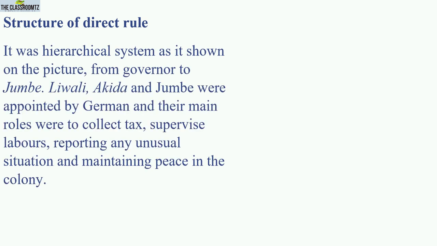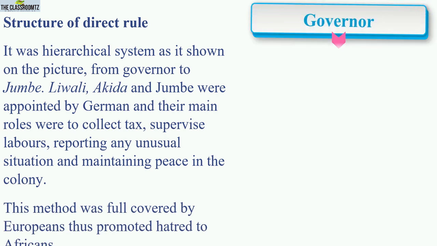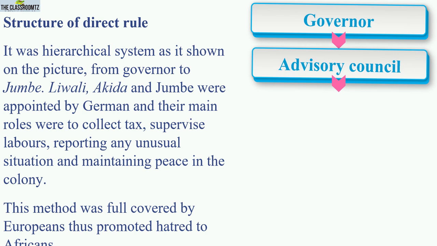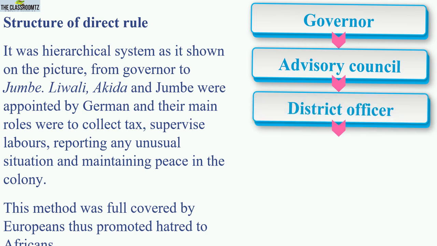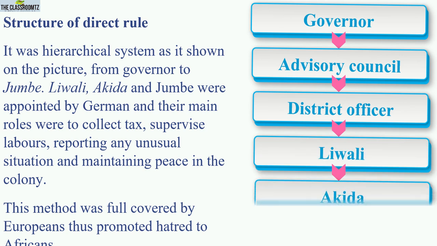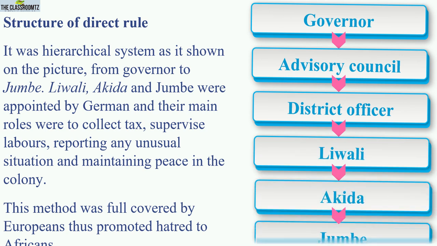Structure of direct rule. How did it look? Direct rule was like that, and that one is our structure. It started with the governor on the top. After the governor, the advisory council, district officer, Liwali, Akida, and Jumbes.